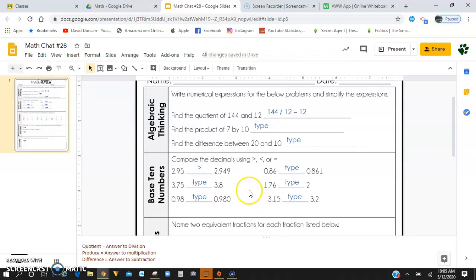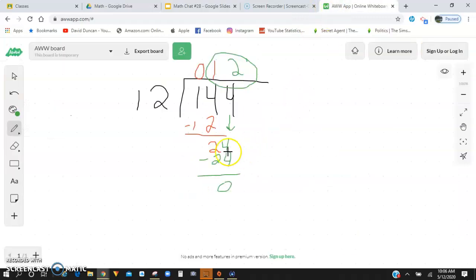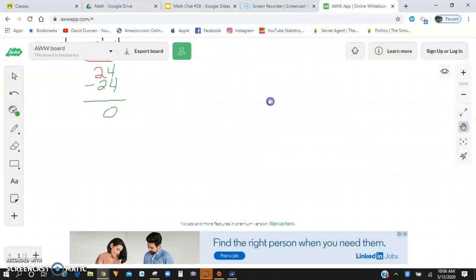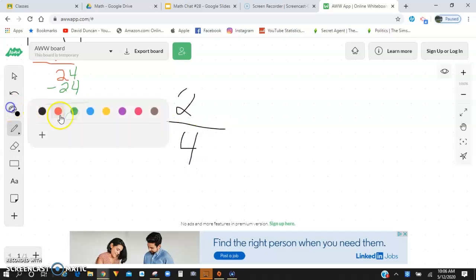All right, down here, name 2 equivalent fractions for each fraction listed below. This should be a basic review for you guys. To find equivalent fractions, you multiply the top number and the bottom number, the numerator and denominator, by the same number, and you're going to get an equivalent fraction. So over here for 2/4, I want an equivalent fraction. I can multiply 2/4 by, let's just say 3.